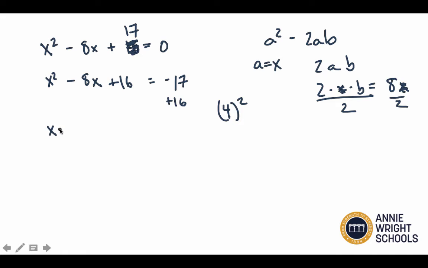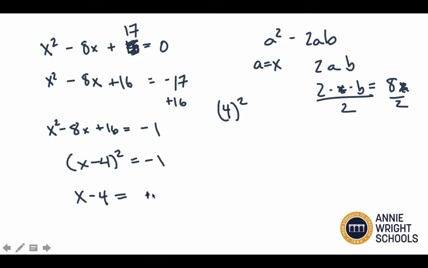Now I get x squared minus 8x plus 16 equals negative 1. Now I know this factors to x minus 4 quantity squared, which equals negative 1. Then you get x minus 4 equals plus or minus the square root of negative 1.